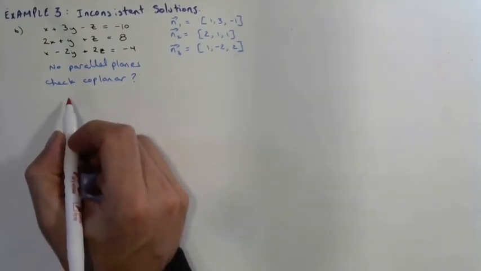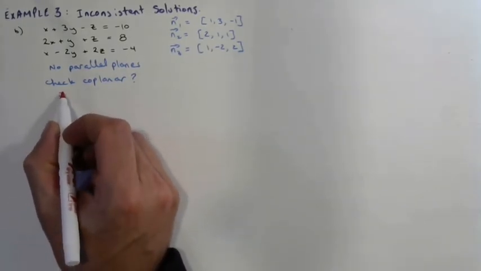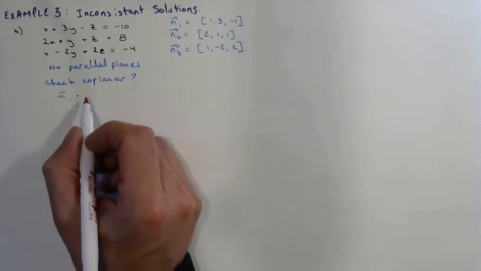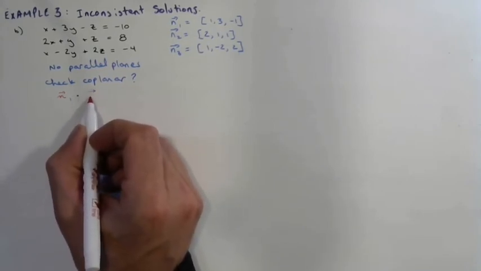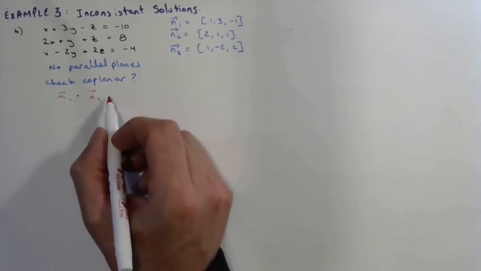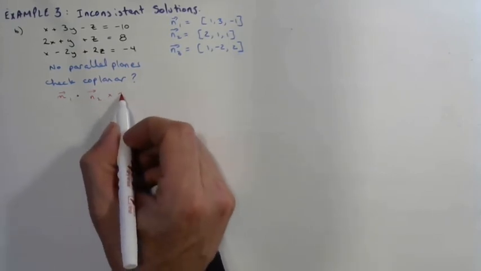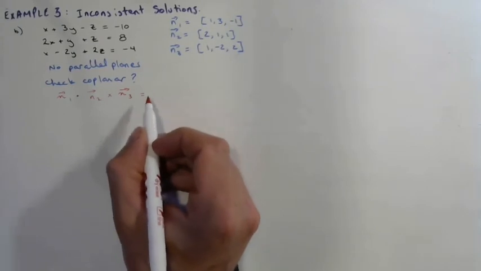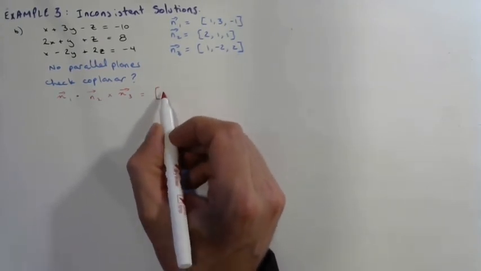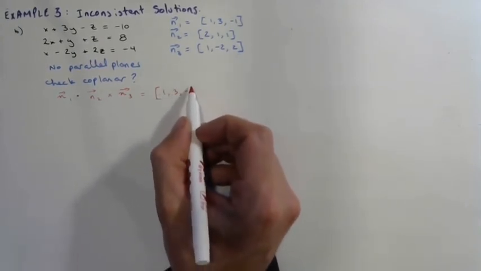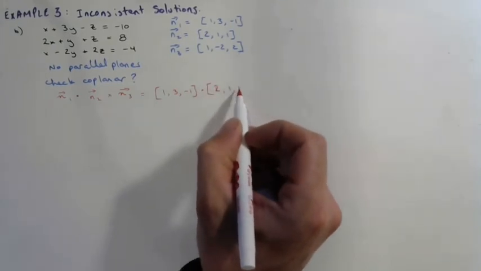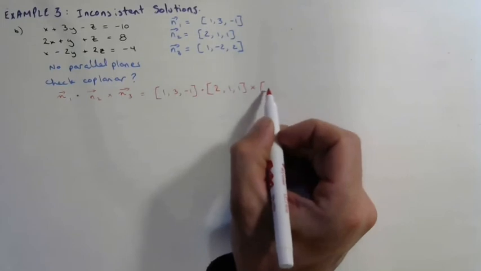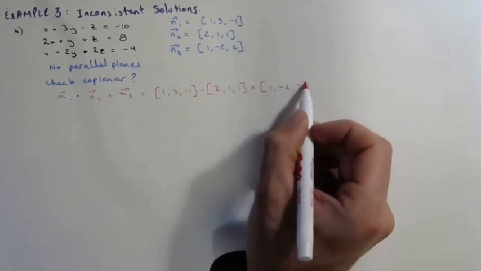In order to do that, we're taking the triple scalar product here. N1 dot N2 cross N3 equals, copy down my vectors, 1, 3, negative 1 dot 2, 1, 1 cross 1, negative 2, 2.